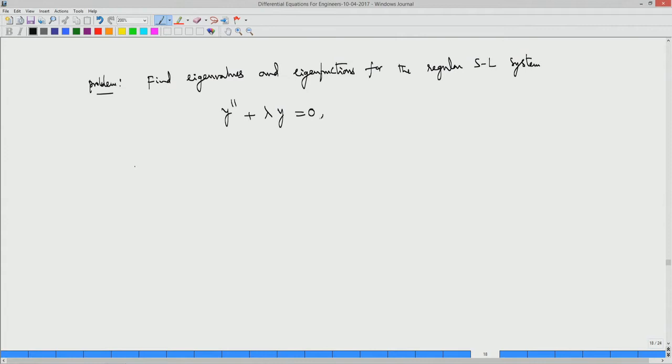Lambda is a parameter and your domain is between 0 and 1. The boundary conditions are given as y(0) is 0 and y(1) equal to 0. So, these are your boundary conditions. This is your system.